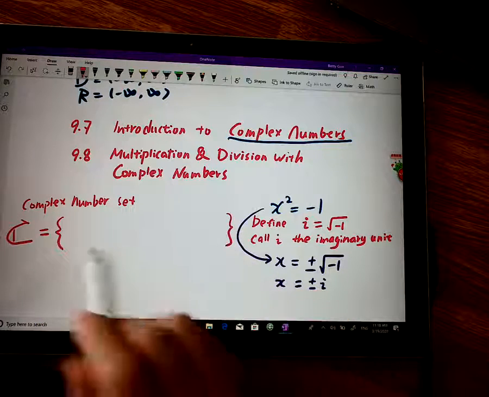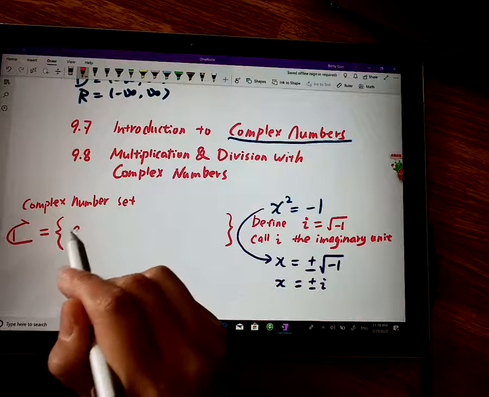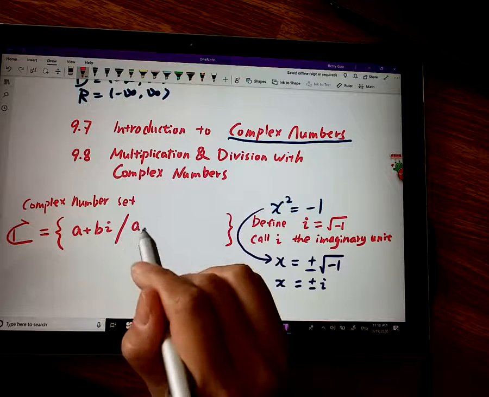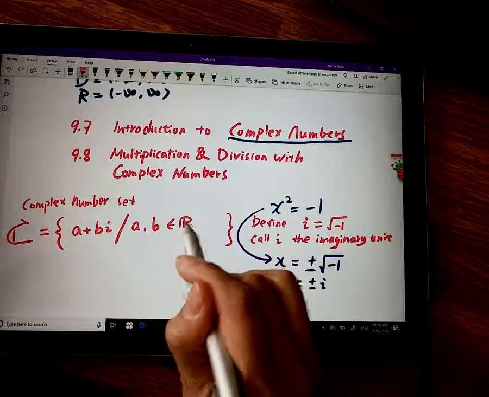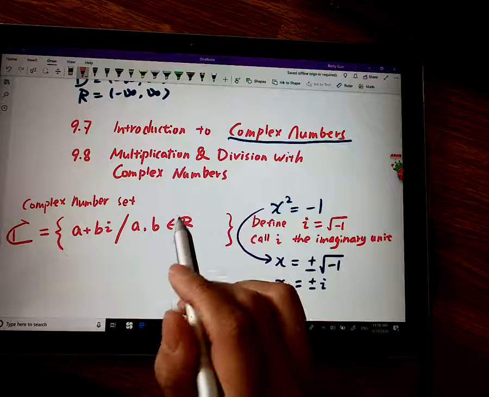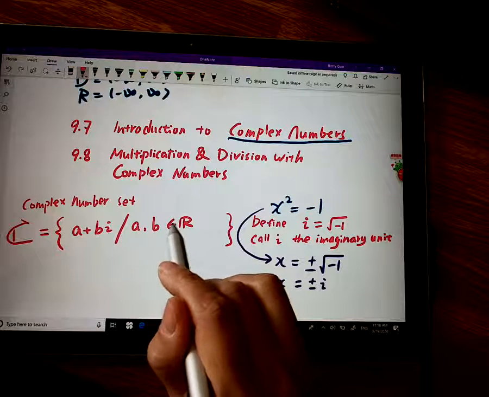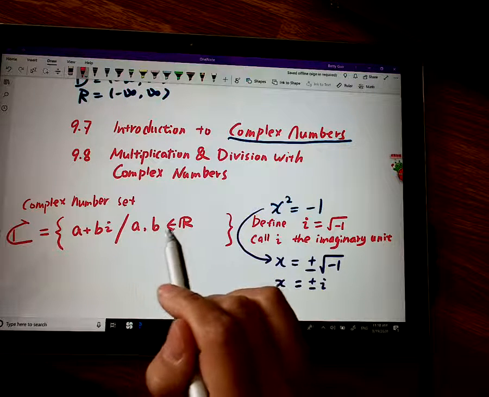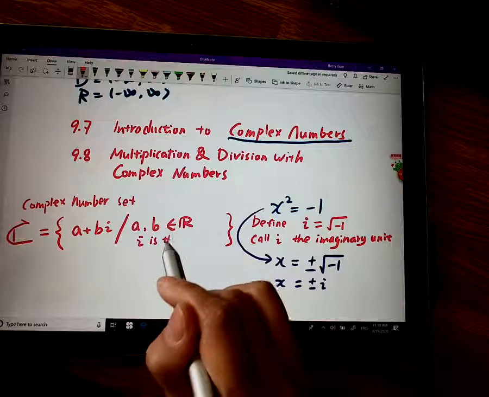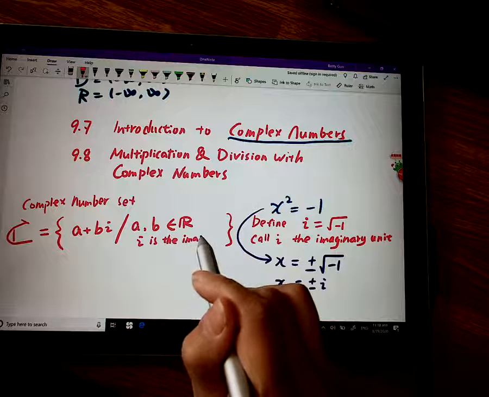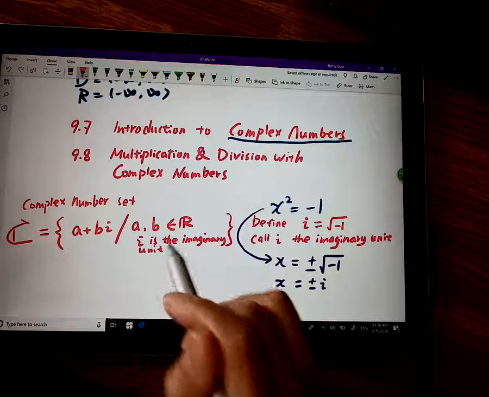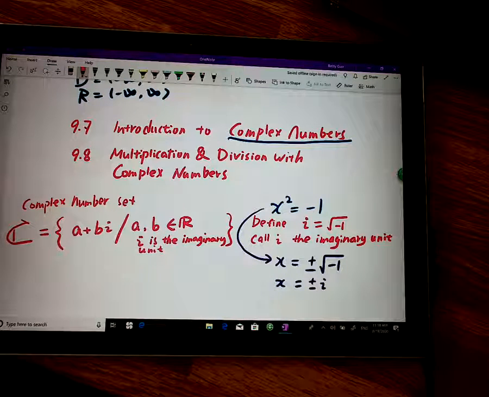Let's pay attention to what's in the set: a plus bi, where a and b are real numbers. We talked about those notations before: the fancy R is the real numbers, and this symbol means belongs to. So a and b are two members of the real number set, and i is the imaginary unit.